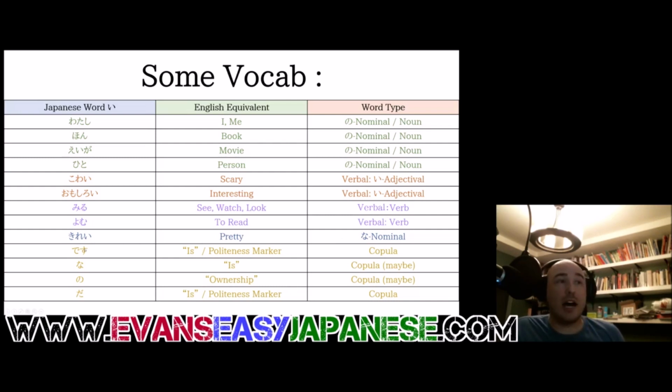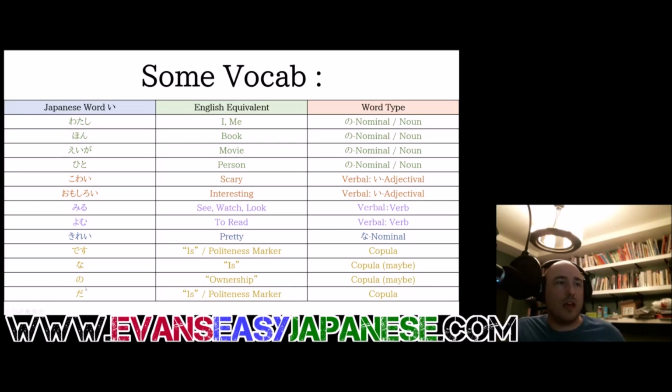Then we have some copulas. Desu, na, no, da. Desu is at the end of a sentence. It means is, and it's a politeness marker. Na means is. No means ownership, generally. But it's also when we take one thing, a noun and another noun, we link them together. But we don't need to get into that. A copula, maybe it is really a copula.